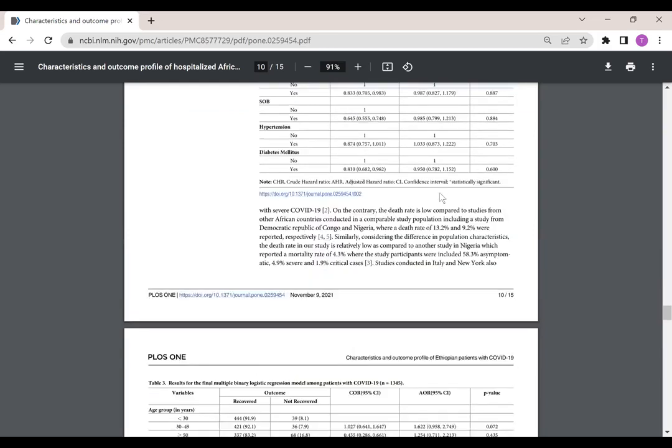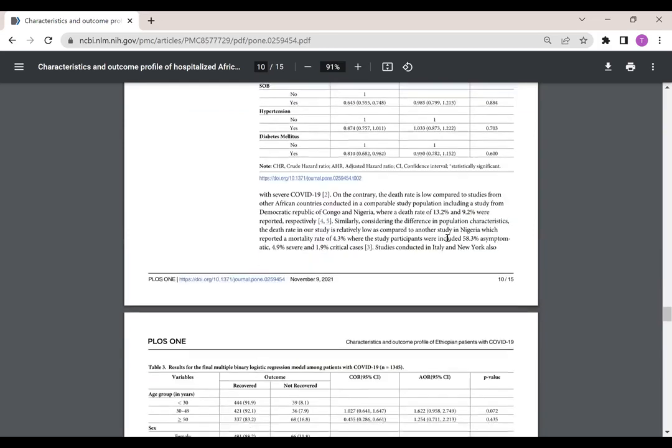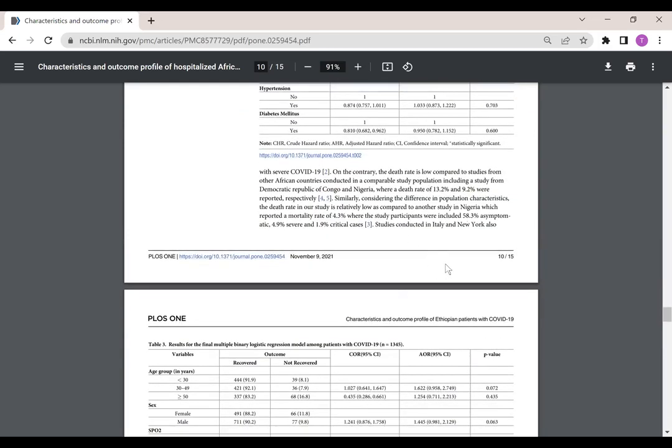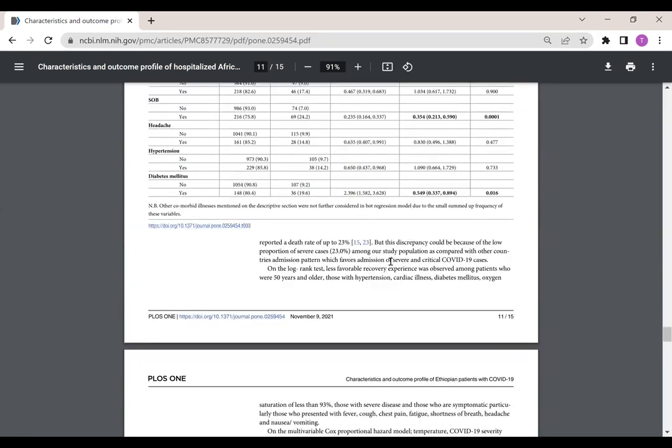And on the contrary, when we compare it with other studies, for example, in New York and other US countries, their death rate was very high, up to 23%. But their admission pattern was geared towards admitting severe and critical patients. But in our setup, even mild, moderate, even asymptomatic patients were admitted.